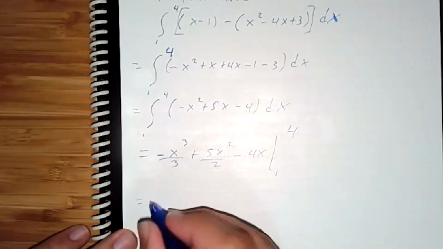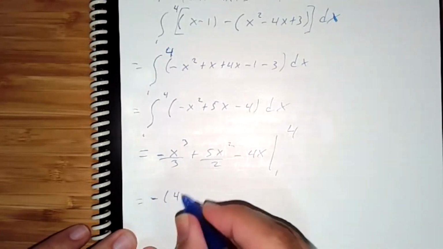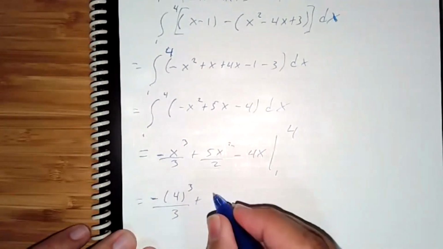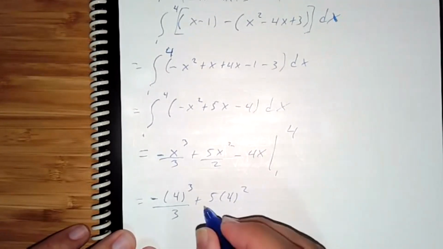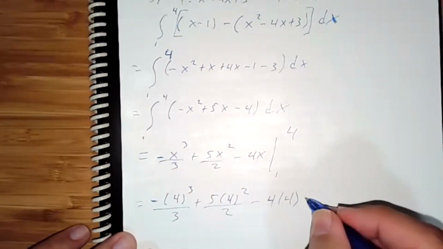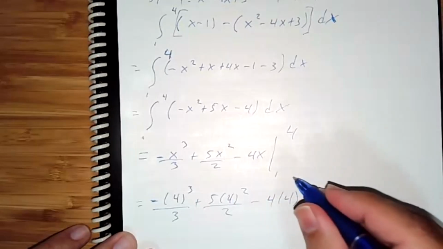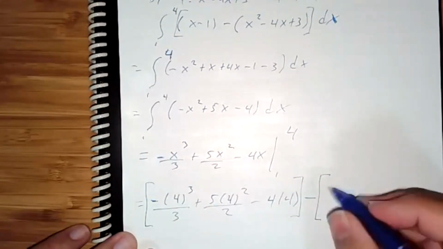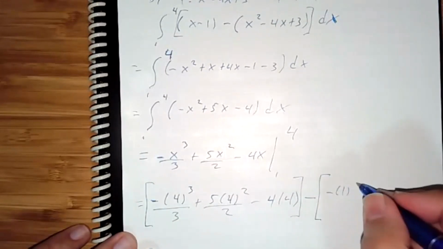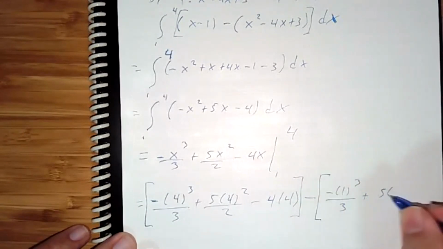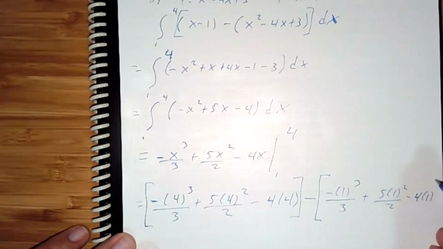And we'll show the work this time. So minus 4 cubed over 3 plus 5 times 4 squared over 2 minus 4 times 4 minus, right? Everything at 1, so it'll be negative 1 cubed over 3 plus 5 times 1 squared over 2 minus 4 times 1.